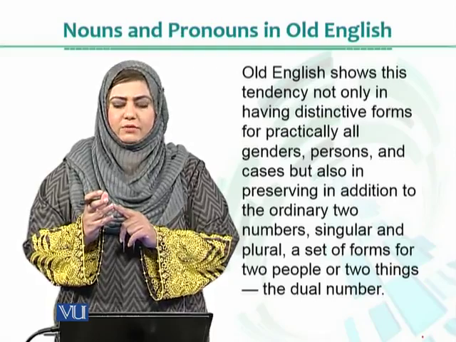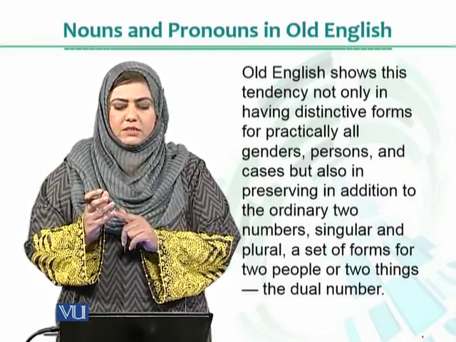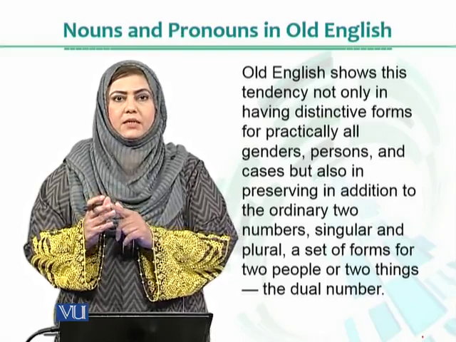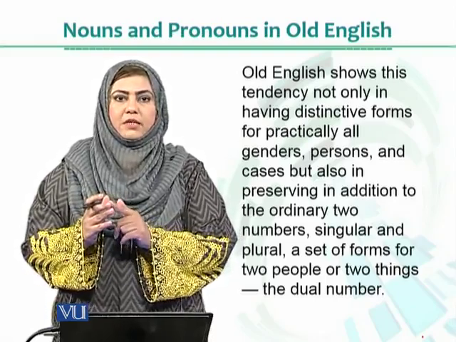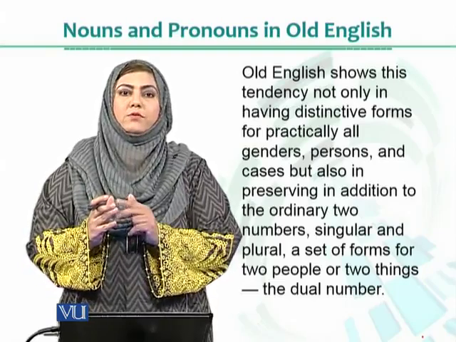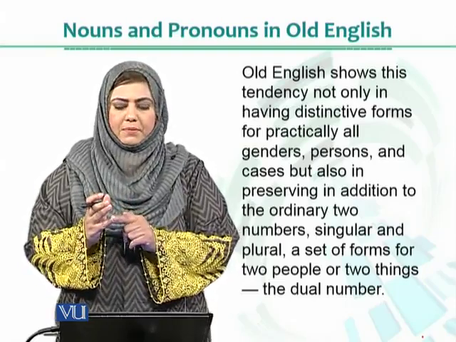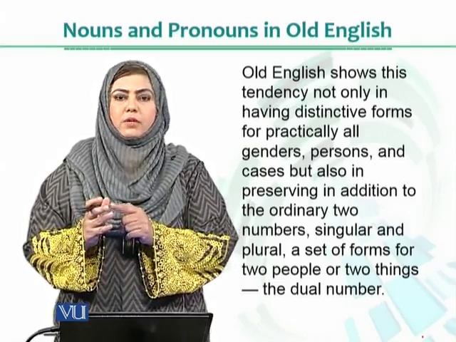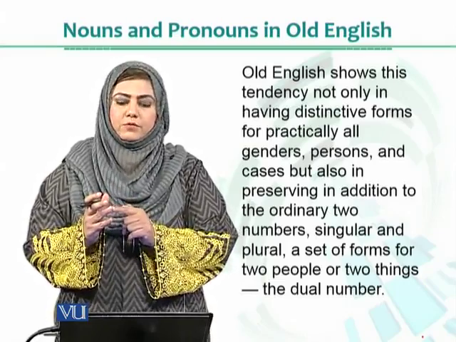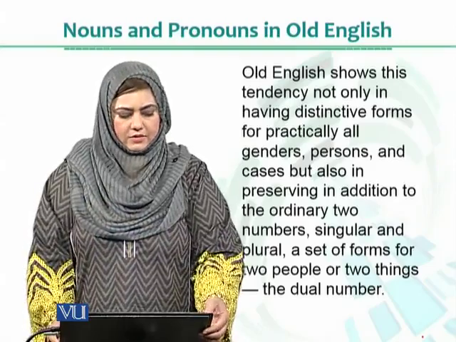However, it is very interesting that apart from this singular and plural, there was a third category of pronouns, for two people. So, for one person, for two people, and for more than two people, that is for plural. This is how pronouns were available in Old English.